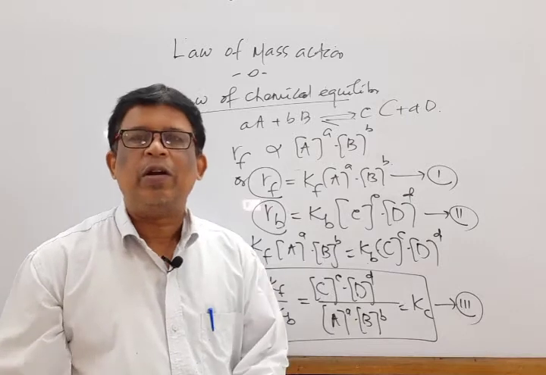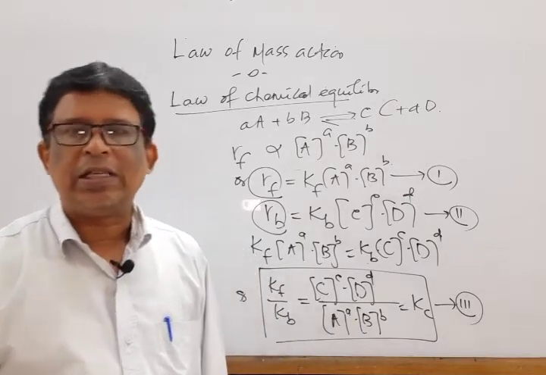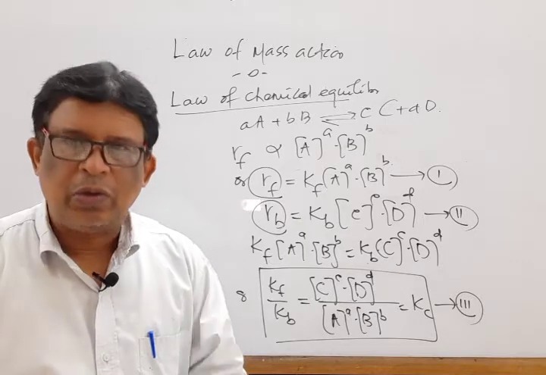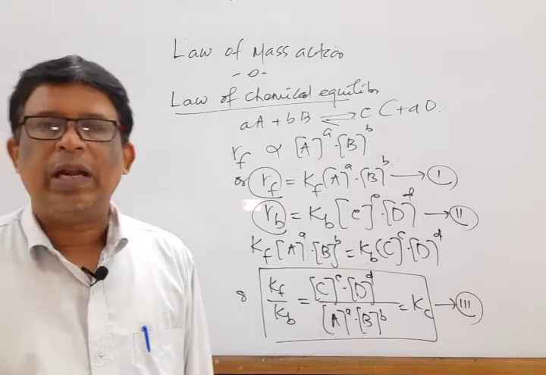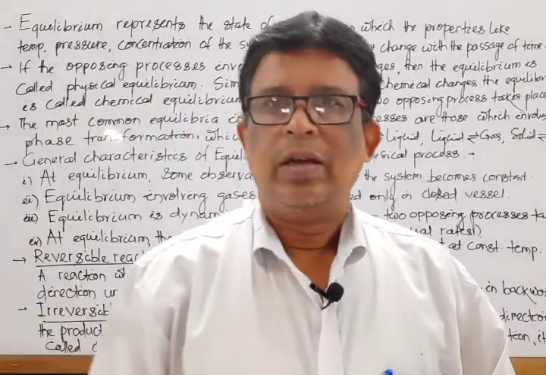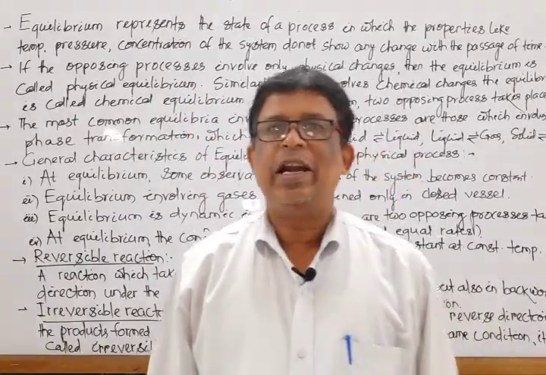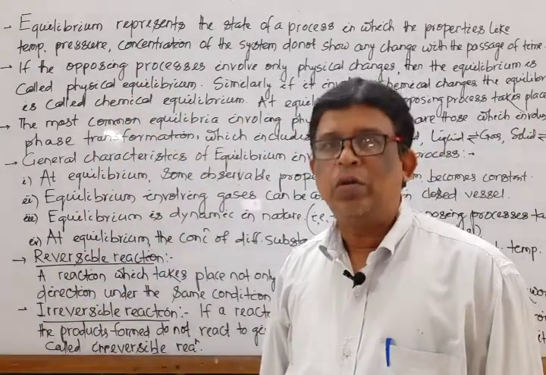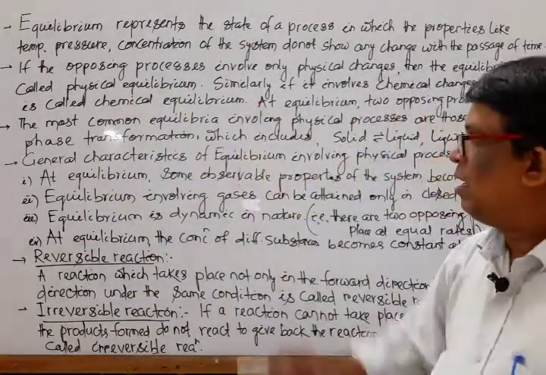Okay. So before going to the derivation, that is the relation between Kp and Kc, it is necessary to write some definitions and fundamental relationships. Now note down some definitions. First one is equilibrium. What do you mean by equilibrium? Note down.